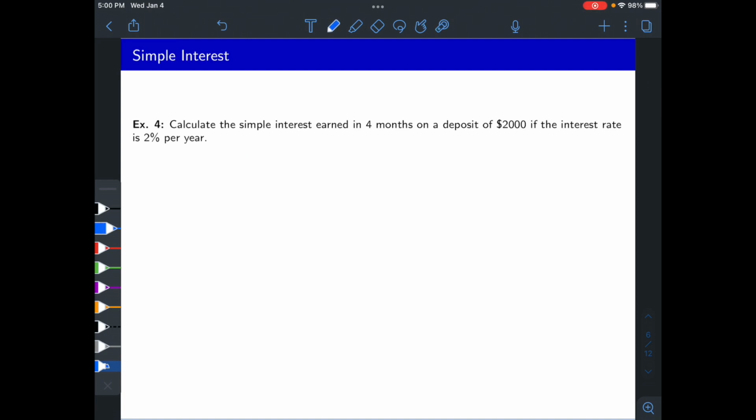Well, now if I do $2,000 and compute 2% of it, that would be $40. In the previous problem, we were making $40 every month in interest, but now it's $40 every year in interest.